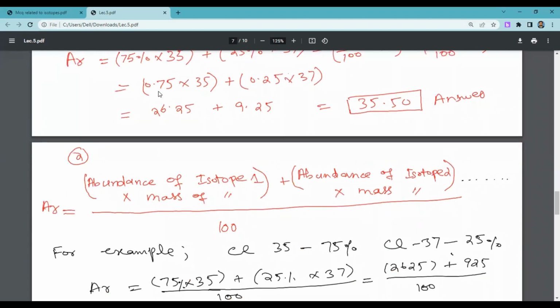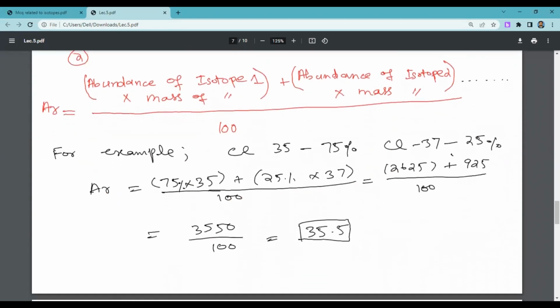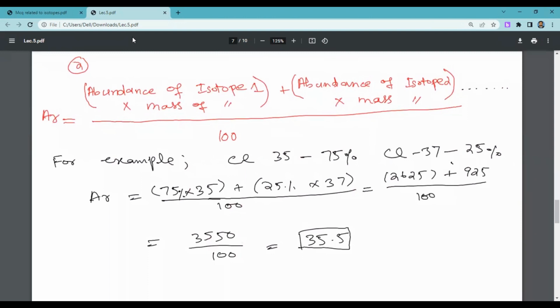The second method is, in the first method we separately divide the abundance of each isotope by 100, but in the second method we multiply abundance of isotope 1 by mass of isotope 1, abundance of isotope 2 by mass of isotope 2, then the answer of this equation will be divided by 100 and we will get the same result.